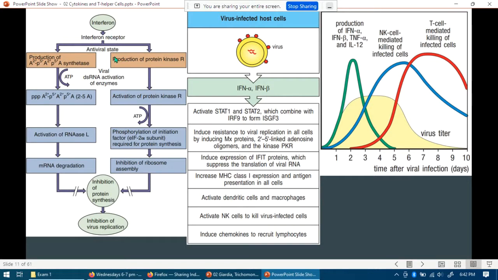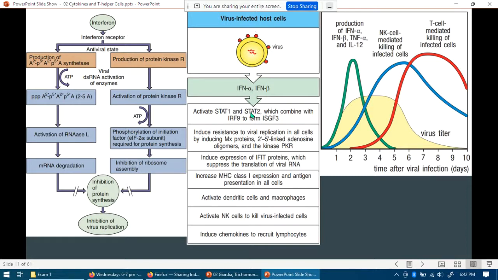In addition, interferons will cause the production of protein kinase R, and protein kinase R phosphorylates the eukaryotic initiation factor 2 alpha that is required for protein synthesis, leading to inhibition of the ribosome and therefore inhibition of protein synthesis. Again, viruses do not replicate as well.